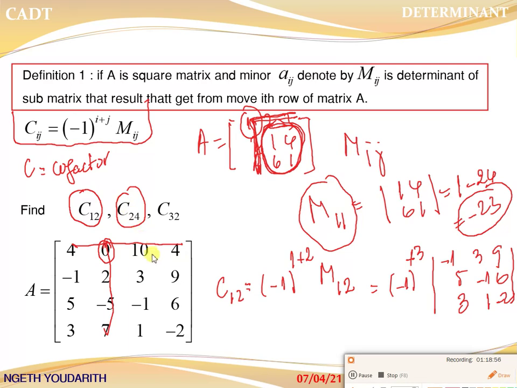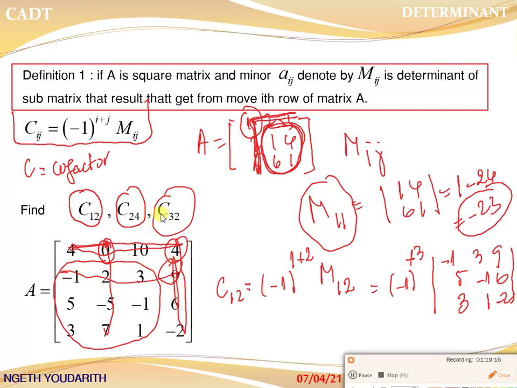C24 means row 2 and column 4. We omit this row and this column, and we just have this one. Then row 3, column 2: we omit this row and this column, so we get this one and this one for our C32.